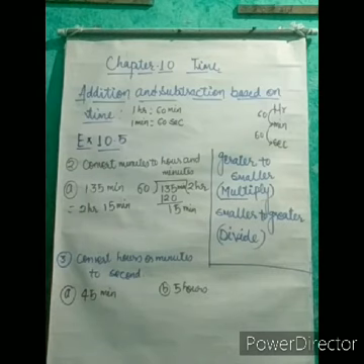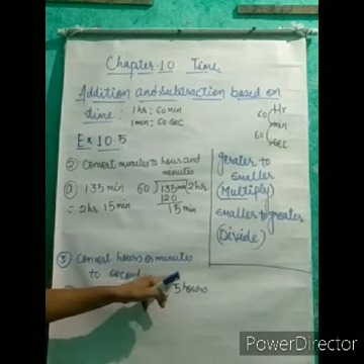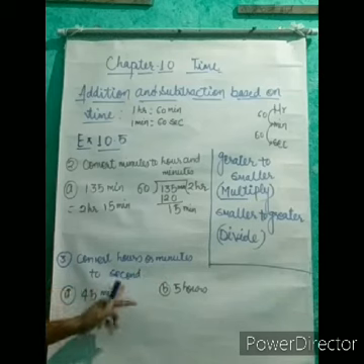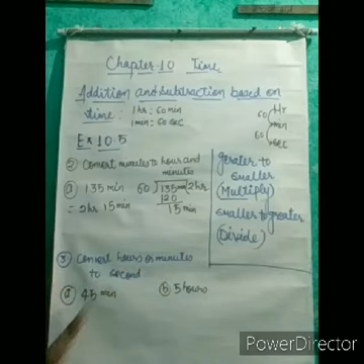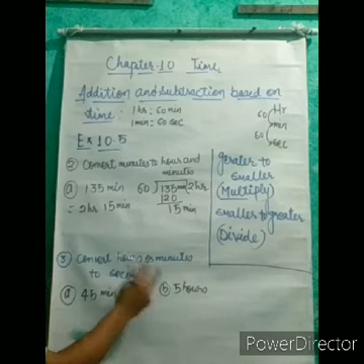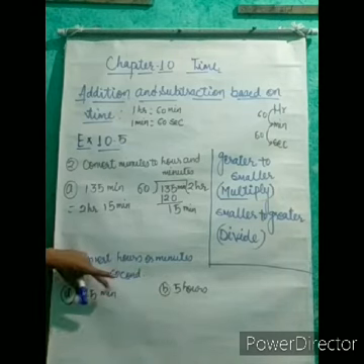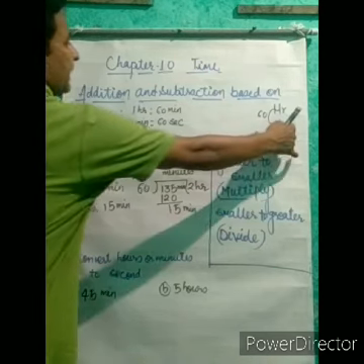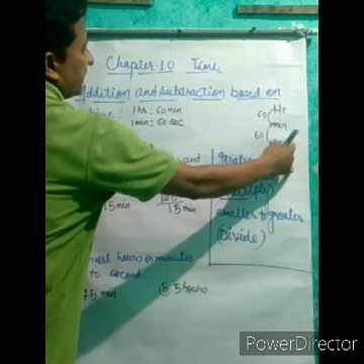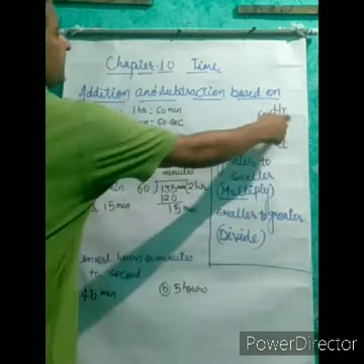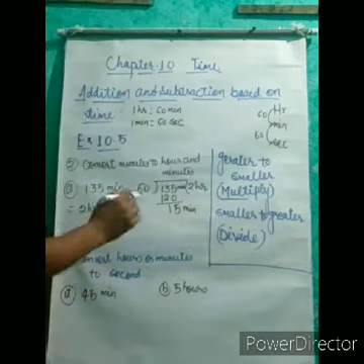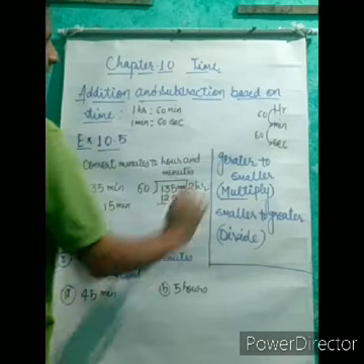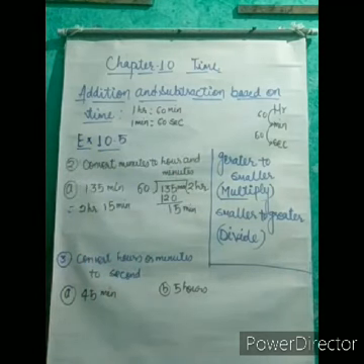Now we are doing question number 3, convert hours or minutes to seconds. There are two types of questions, where somewhere minutes are given and we have to convert minutes to seconds, and in some questions hours to seconds. Here we are converting minutes to seconds, greater one to smaller one, so we will multiply.